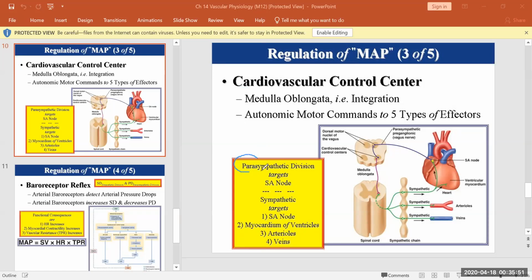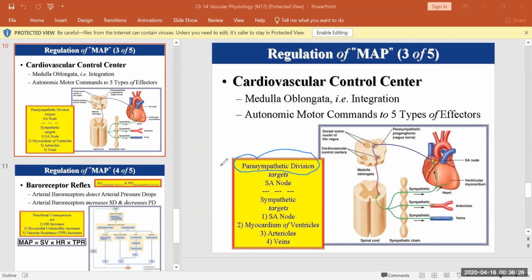The parasympathetic division is the rest and digest division of our visceral or autonomic motor system. It is activated when you are in a relaxed state, like after a meal, right? You want to relax, smoke a cigar, have a cognac. That's when your parasympathetic division is completely on, right? Rest and digest.